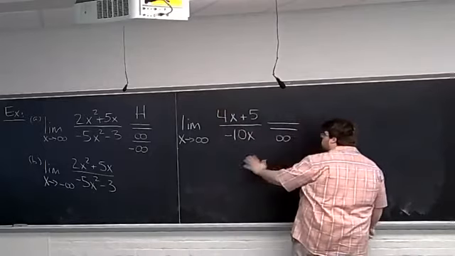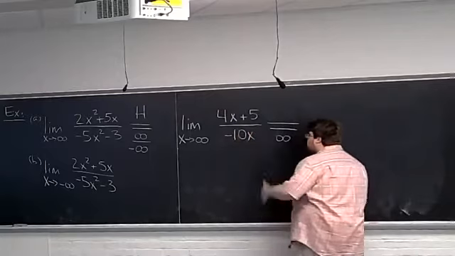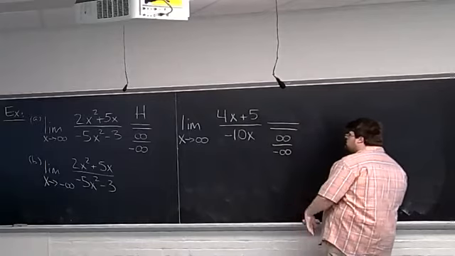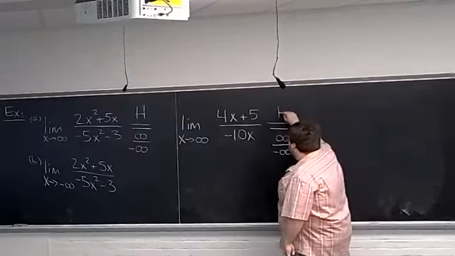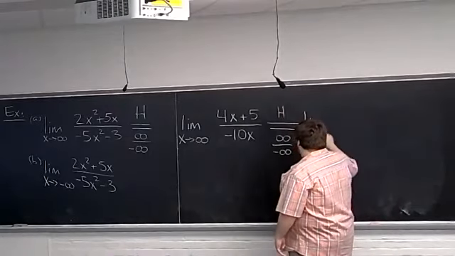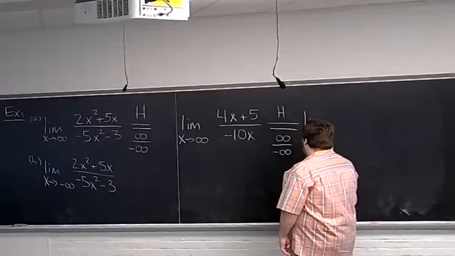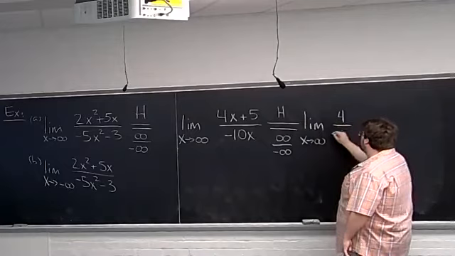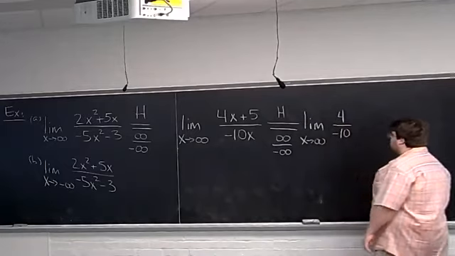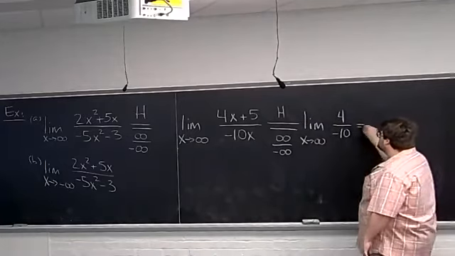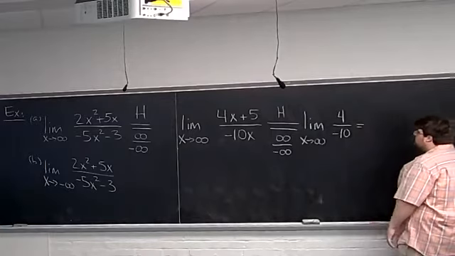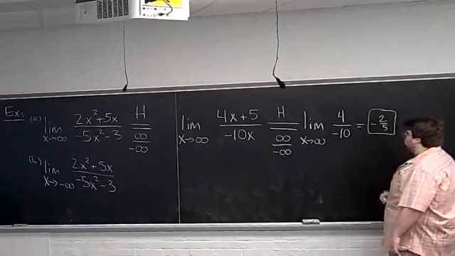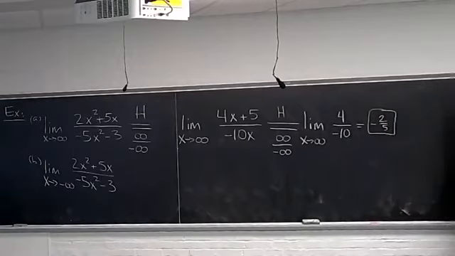As x gets large, negative 10x goes to negative infinity. So again, we have an infinity over an infinity, and we can apply L'Hopital's rule again. The derivative of the top is 4, the derivative of the bottom is negative 10. This is a constant, and as x goes to infinity, a constant doesn't change. So we get negative 2/5 as that limit.